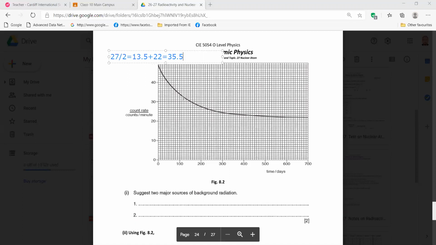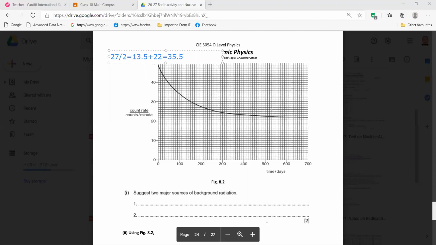Sir, can you explain it again? Yes, sure. I will explain it again because Yakin joined late. He might not understand about the background count and the count from the sample.